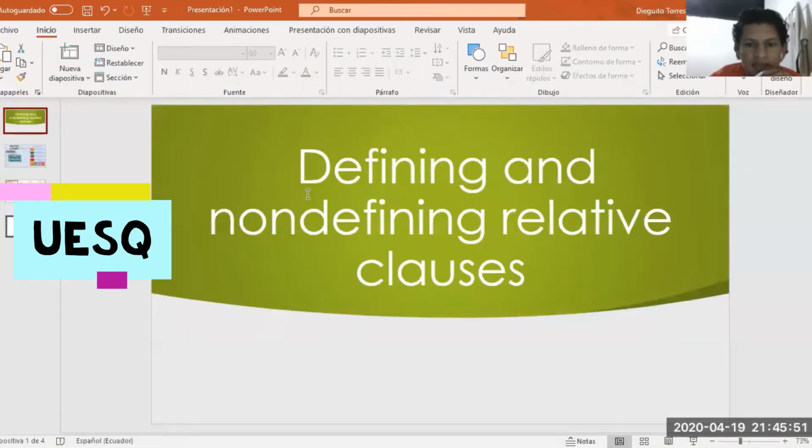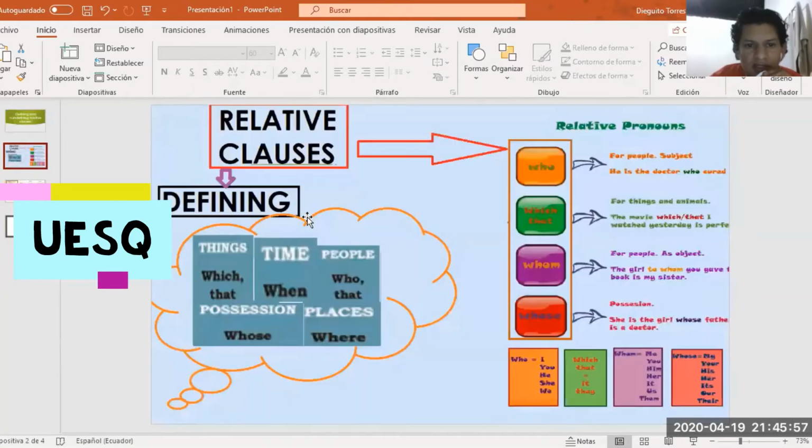this part here is the title, defining and non-defining relative clauses. So over here, we have relative clauses, okay? In this part, we have who, which we use for people.